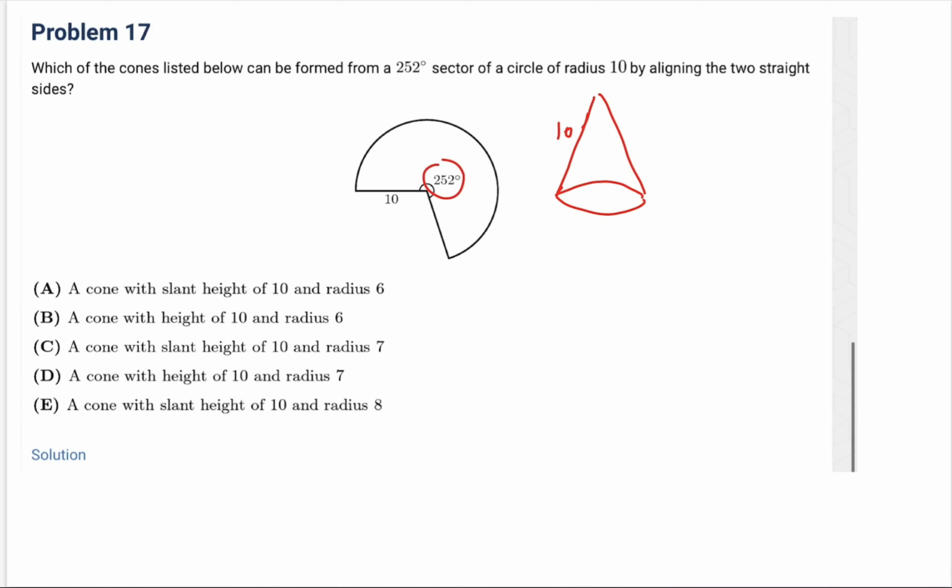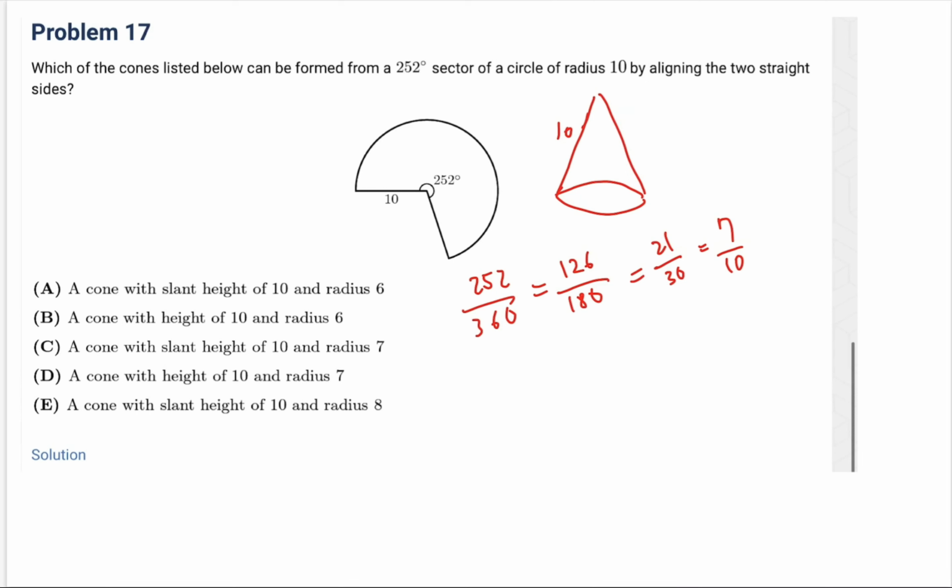Since 252 over 360, divide by 2, divide by 2 again, is 126 over 180, which becomes 63 over 90, and then 7 over 10. So it's 7 over 10.